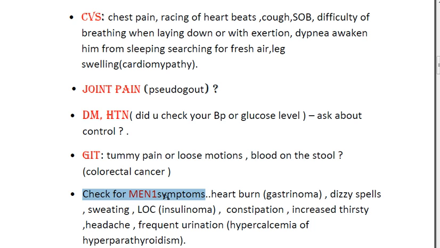As we know and as we saw before in this picture, acromegaly may be a part of MEN type 1. MEN type 1 can involve gastrinoma.